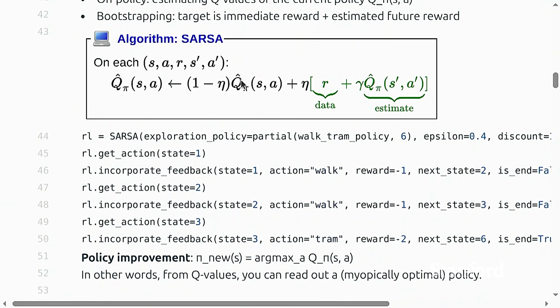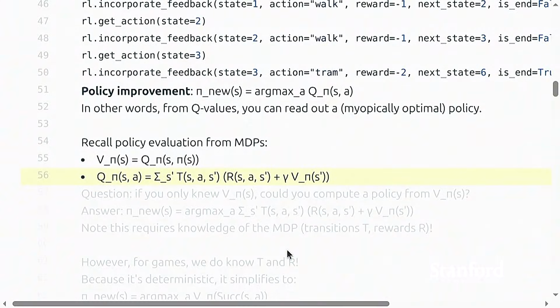So just as a recap, SARSA is a reinforcement learning algorithm. It computes Q values, Q, which is a function of S, A. I can get a policy out very easily. Now the question is, let's say I just gave you V pi, could you compute a policy from that directly? Can you read out the policy?